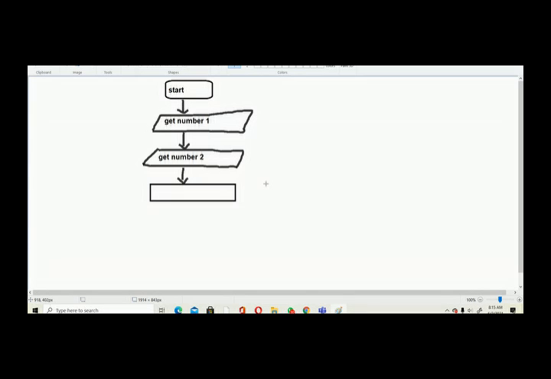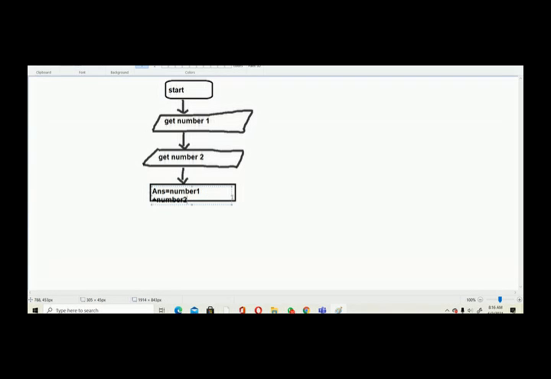Answer equals number 1 plus number 2. So we have to add the first number with the second number. So our answer is equal to number 1 plus number 2.